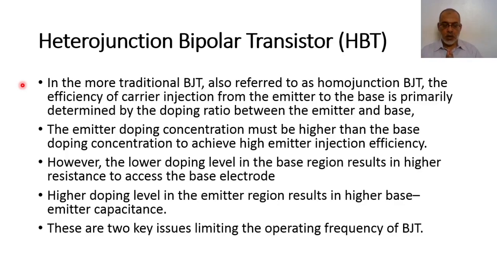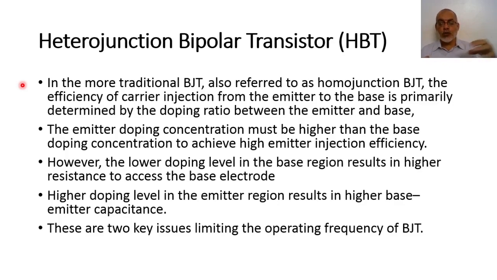The key point of the operation of the bipolar junction transistor is that the current goes from the emitter to the base and from the base to the collector. It is not required that current goes from the base to the emitter. So the current goes one way, from emitter to base, from base to the collector.